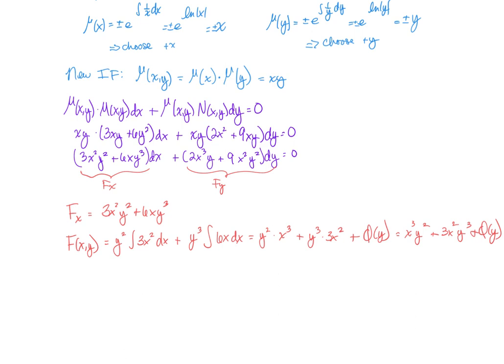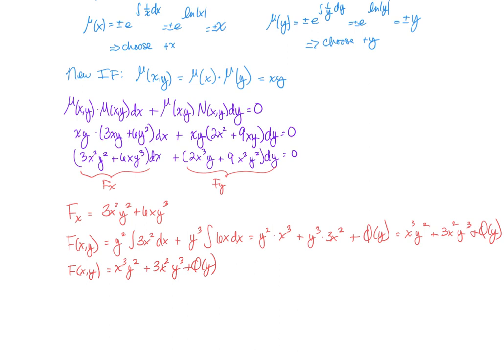So if we then rewrite our f of xy, now that we've got it all figured out, we've got x cubed y squared plus 3x squared y cubed plus phi of y. Now we started with a partial with respect to x and took an integral.